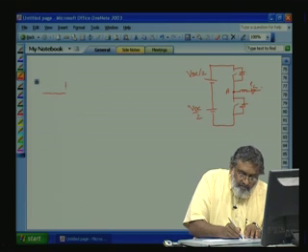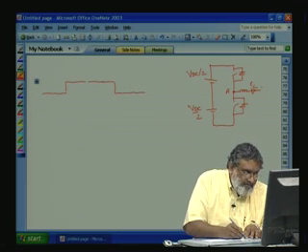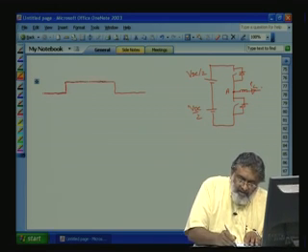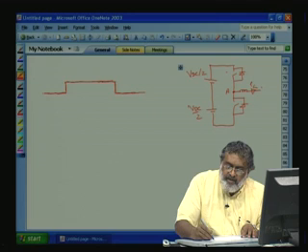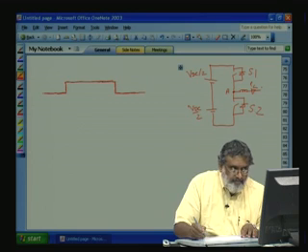S1 is turned on. So, if the switchings are instantaneous, this is switch S1, and this is S2.